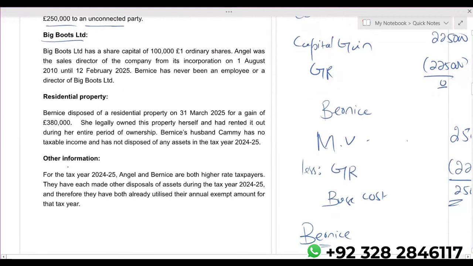Other information: for the tax year 24-25, Angel and Bernice are both higher rate taxpayers. It means whatever capital gain comes, you will be paying 20%, unless the gain is on residential property, then you will be paying 24%. They have each made other disposals of assets during the tax year 24-25, and therefore they have both already utilized their annual exempt amount.